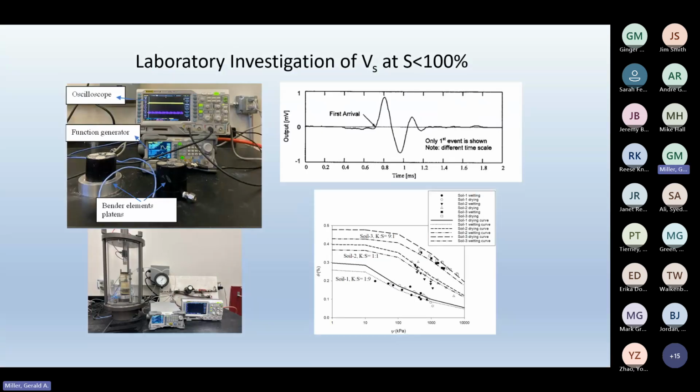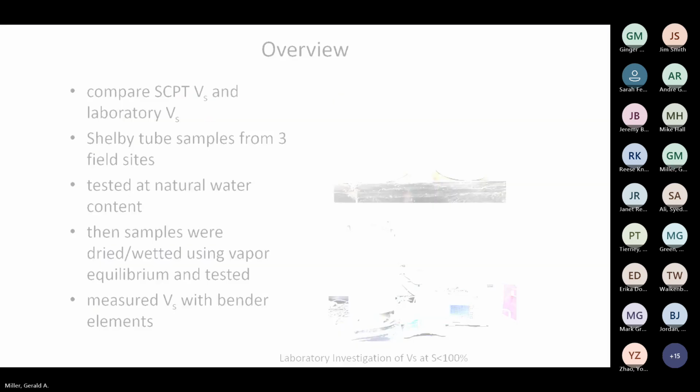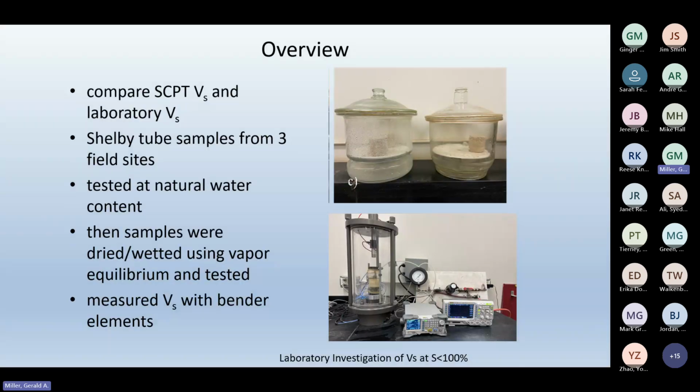Okay, so in our laboratory investigation, this part of it, again, the idea was to compare shear wave velocity measurements from the field and the lab. So I'm going to jump right into the results.